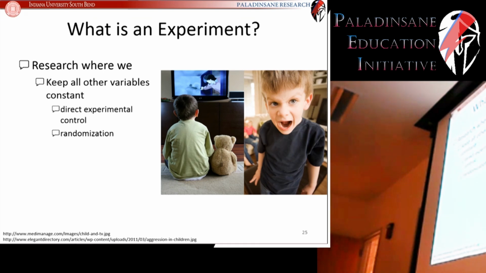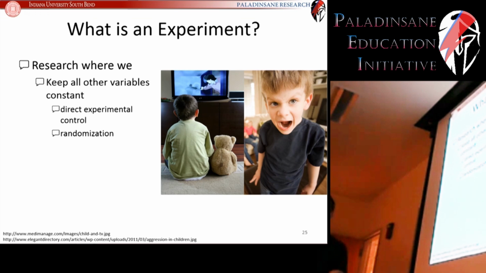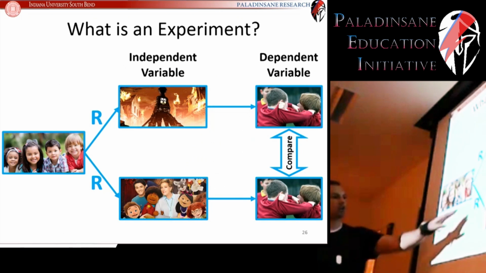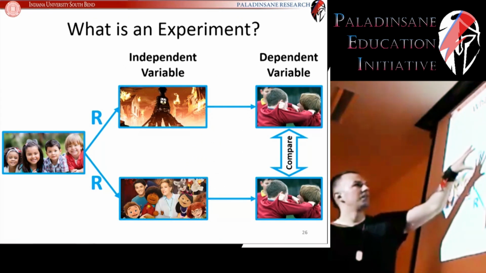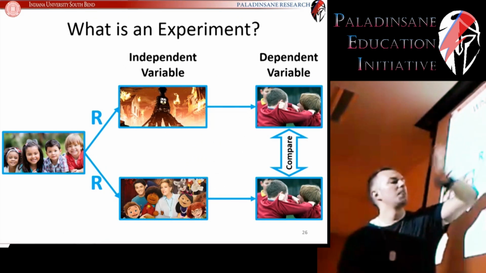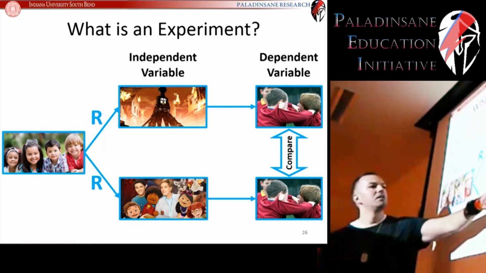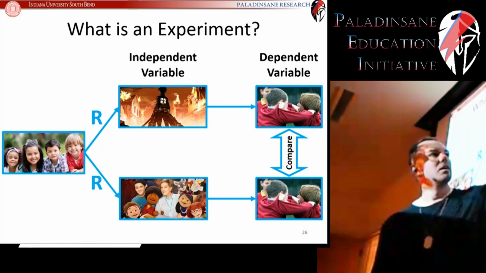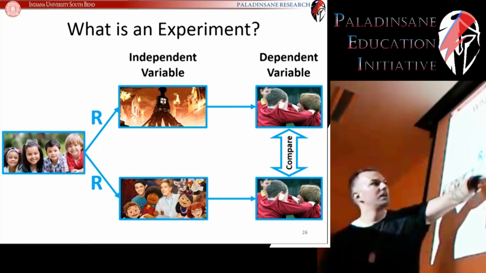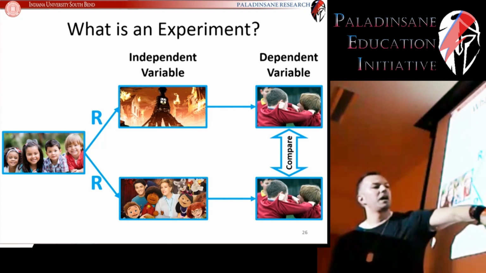So once again, we do this through direct experimental control, randomization, to make sure that the groups are the same. And that is what occurred here, because again, these 50 subjects were basically the same as these 50 subjects over here. So we can't explain this difference with anything else than the difference in violence.